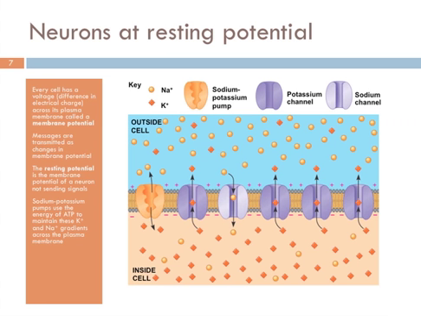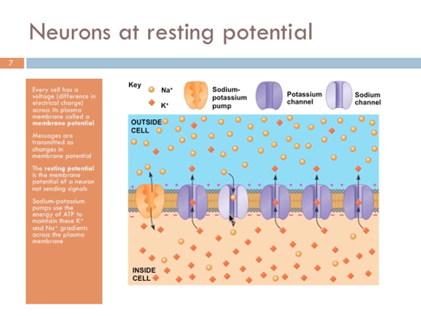And so in order to maintain this charge differential, this area of positive and this area of negative charge, we have to have some kind of pump. And the solution to this problem is the sodium-potassium pump.